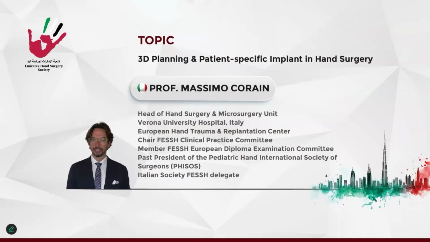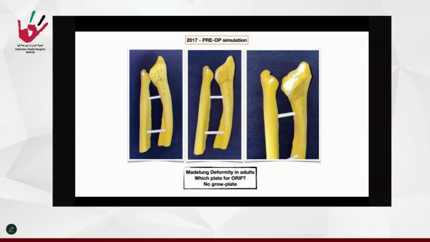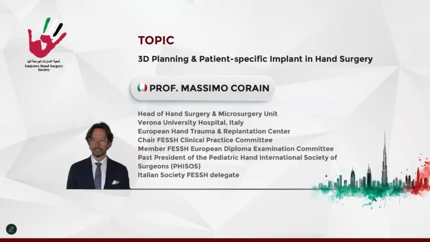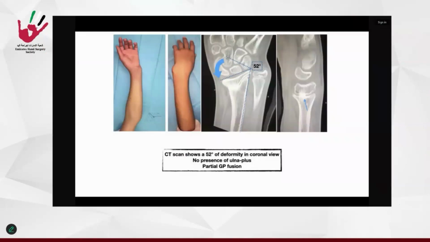Then, in case of a post-traumatic malunion deformity, this is a patient who was injured when he was 4 years old, and in this case was 12 years old with this deformity. The CT shows 52 degrees of deformity in a coronal view with a partial fusion of the growth plate, but without the presence of ulnar plus.